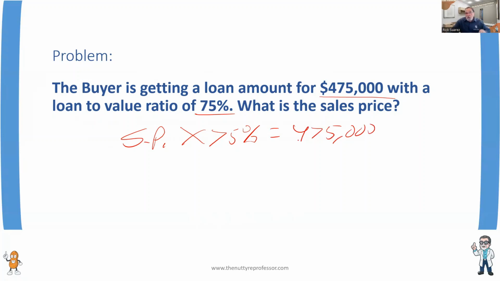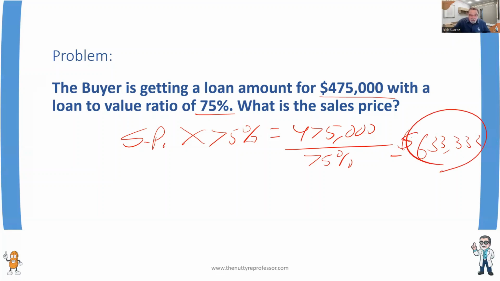But one thing you need to learn in math, when you have a missing component, you just simply divide by what's left. So in this case, we're going to move the 75% over here, and we're going to divide. So it's 475,000 divided by 75%, and this sales price is 633,333. That is the sales price for this property.